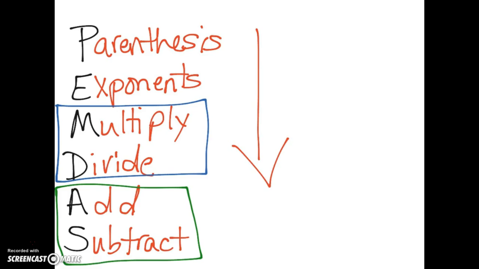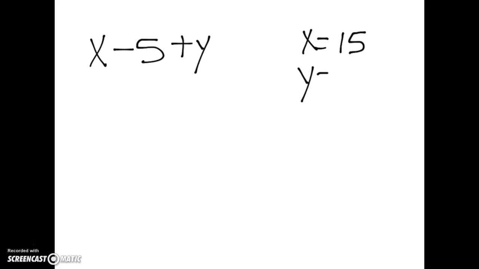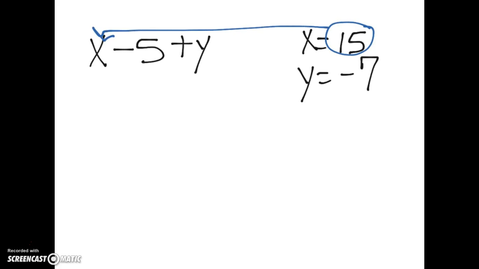Okay, so let's look at some examples, and I think this will come back to you really quickly. Our first example is they give us this expression, x minus 5 plus y. They also tell us that x is equal to 15 and y is equal to negative 7. The key here is going to be to take this x equals 15 and plug it in place of x, and to take the y is equal to negative 7 and plug it in place of y.